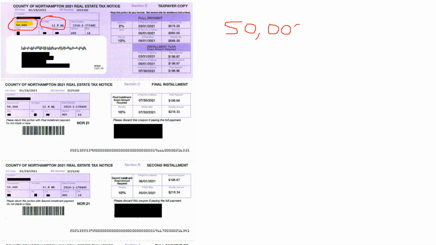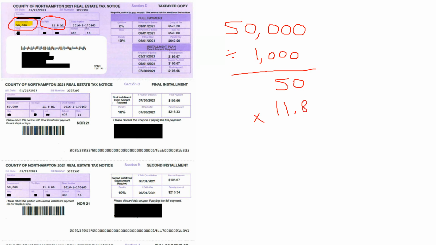What we can do, real simply, you take that number and then you can divide it by 1,000. And once you do that, we come up with 50. So using the assessed value of 50 from 50,000, dividing it out, we now multiply 11.8, because that's what the county gives us in the rate expressed in that way.